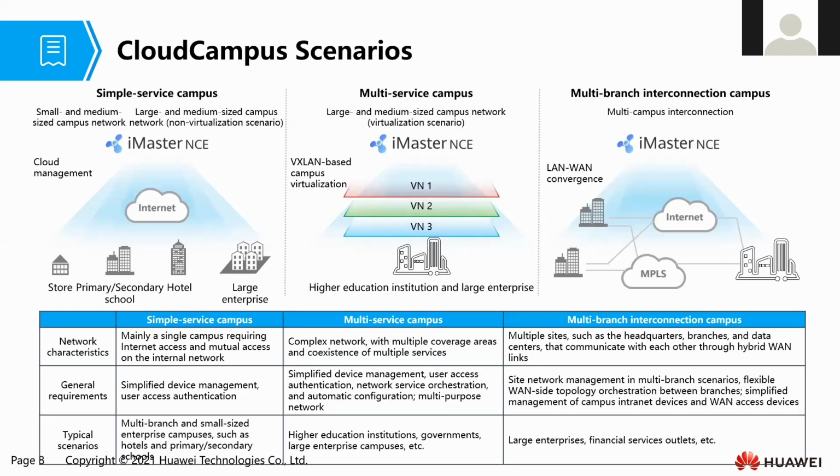Basically, in our Cloud Campus, we have three types of scenario. The first type is the simple service campus. The second is the multi-service campus, and the third type is the multi-branch interconnection campus. For the simple service campus, the customer usually just needs simplified device management and user authentication.